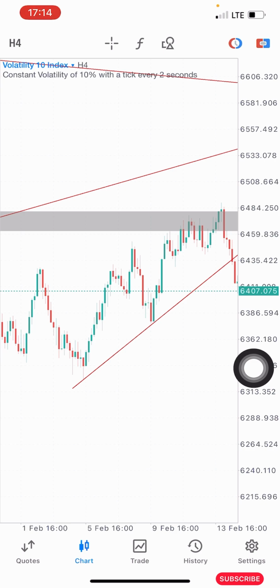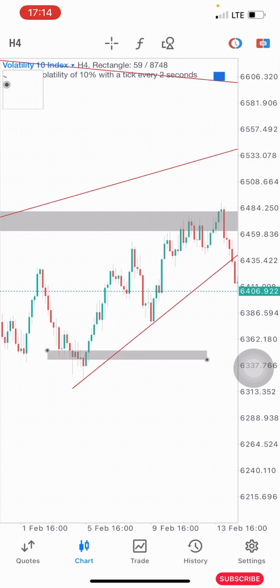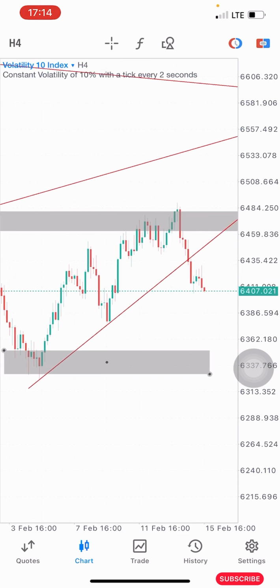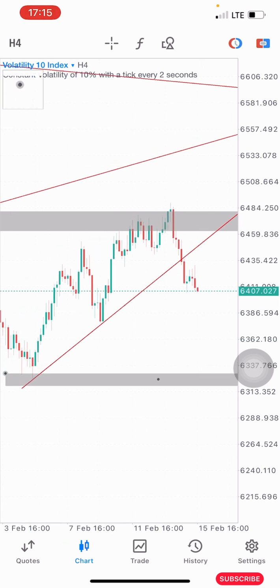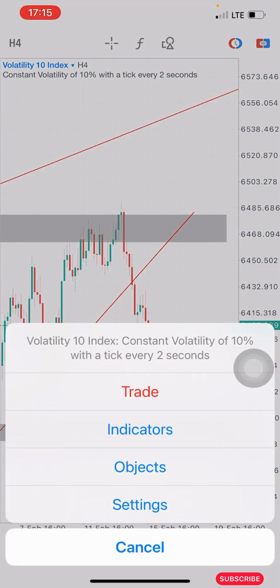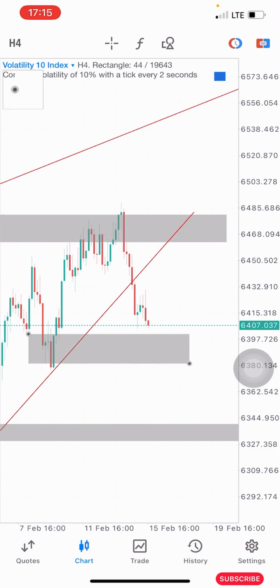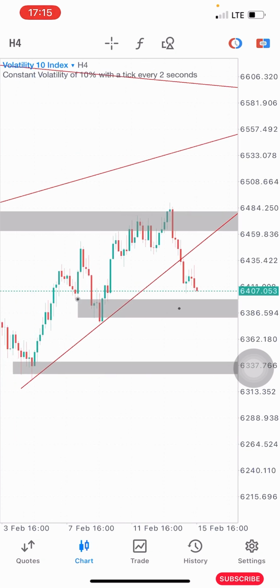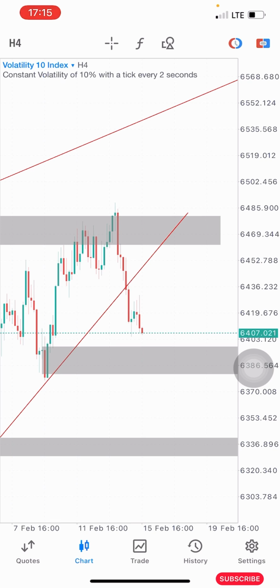I believe it is going to get down to this area of support here. There is another support and resistance zone here that might try to stop price a little bit, so you should take note of this area also.